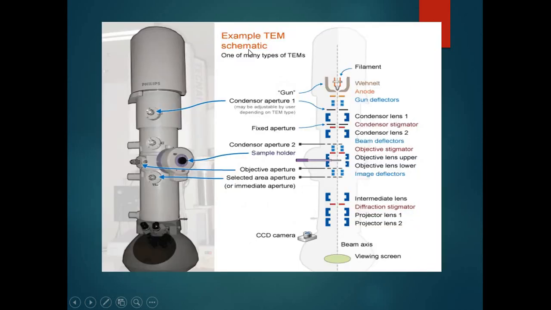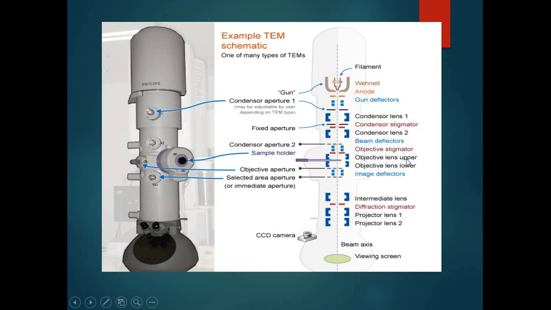This is a depiction of a transmission electron microscope. Here you can see the filament, which is made of pure tungsten, and this is an anode which pulls the electrons from the cathode. Tungsten is the cathode, and this part is called the electron gun. These are different condensers, or electromagnetic lenses, used to pull the beam and diffract the beam according to the specimen.